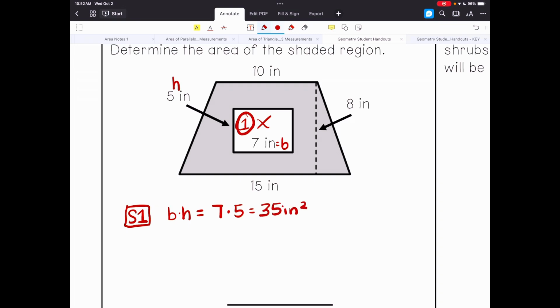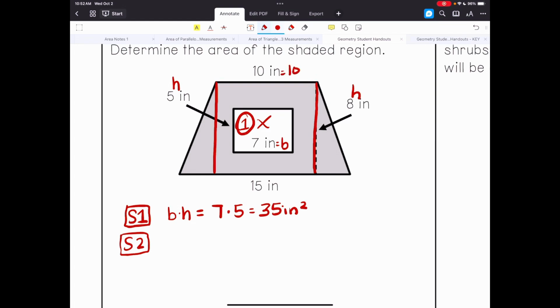For our second shape, shape number 2, our second shape is also a parallelogram because I can cut off both triangles on the two ends. And the triangle height is the same as that inside parallelogram height. So 8 is the height of the parallelogram, the big one. And our base is going to be 10, not the 15.